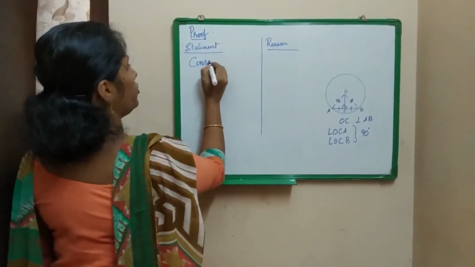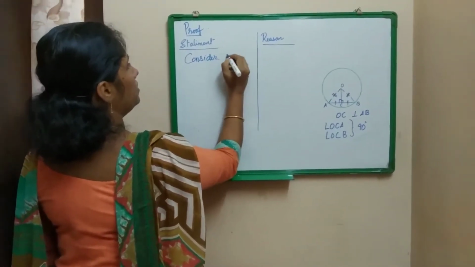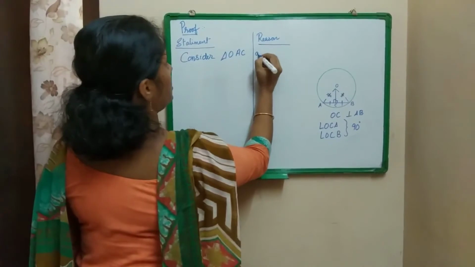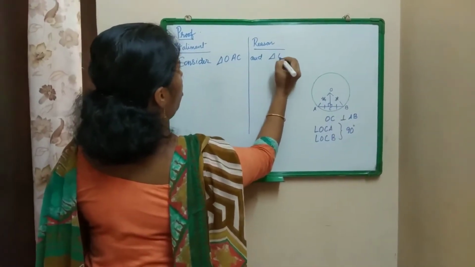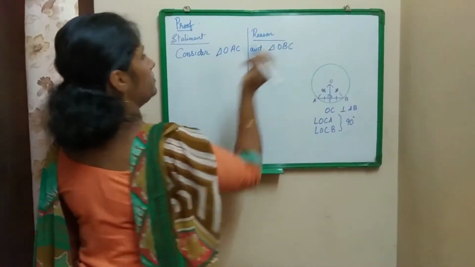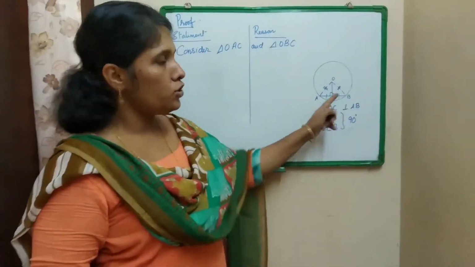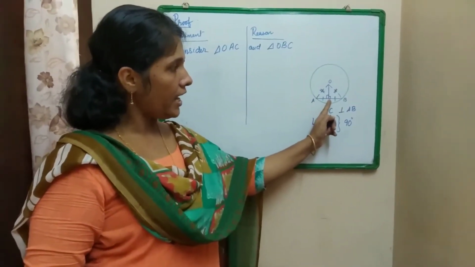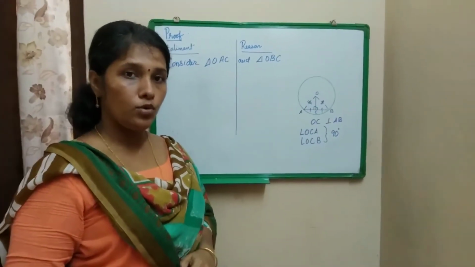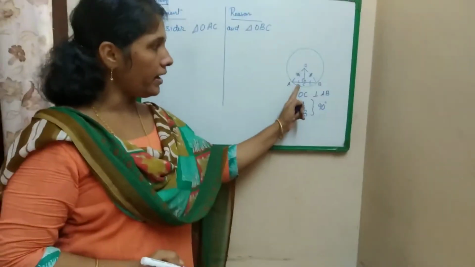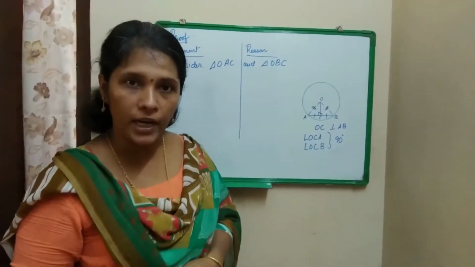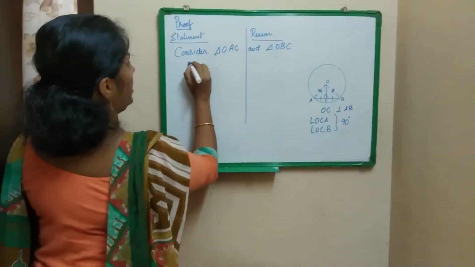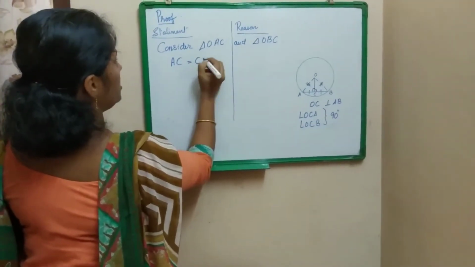Consider the triangle OAC and triangle OBC. From these two triangles, the first thing, AC and CB, the two sides of this triangle, are equal. We wrote it in the given part. AC equal to CB.